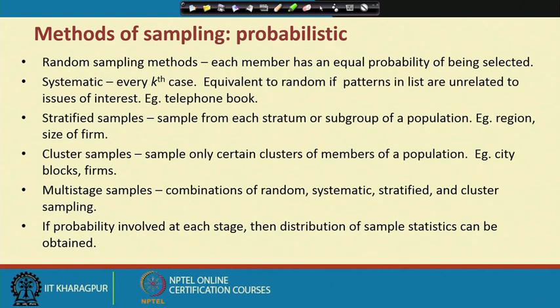Then there is systematic sampling, stratified sampling, cluster sampling, multi-stage sampling. These are all various ways to gather the information. The idea is that it is a kind of art actually. If you follow the particular structure, then obviously the accuracy of the data and the accuracy of the sample will be very good.